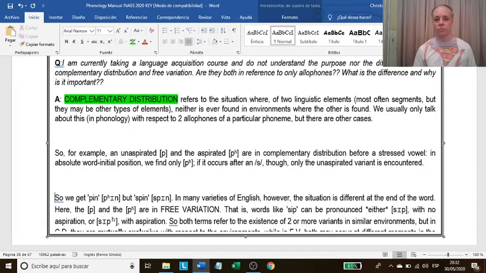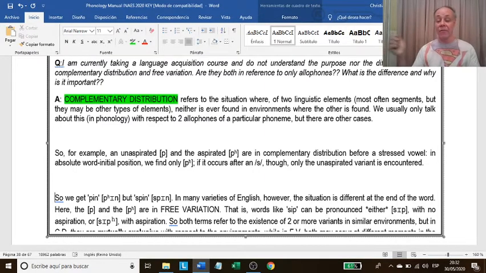Okay, so aspirated P occurs only in syllable initial before a stressed vowel. Unaspirated P, the regular one, the one that remains unchanged, occurs in any other environment elsewhere, but never in syllable initial before a stressed vowel.